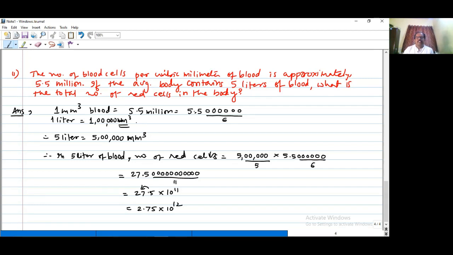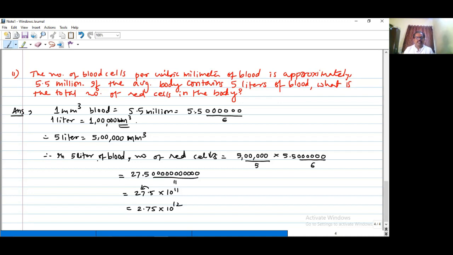So, as given in the example, a body has an average of 5 liters of blood. So we need to express that 5 liters again in terms of millimeter cube, as the blood cells are given per millimeter cube. So for 5 liters, we can express it as 5 lakh millimeter cube.